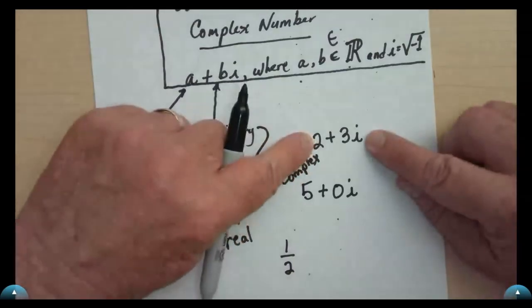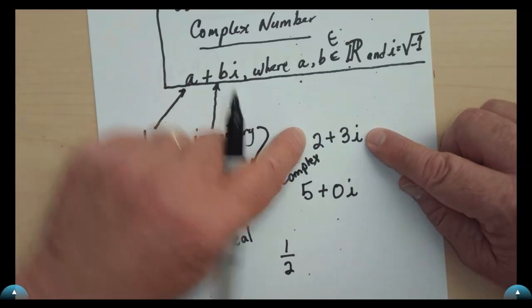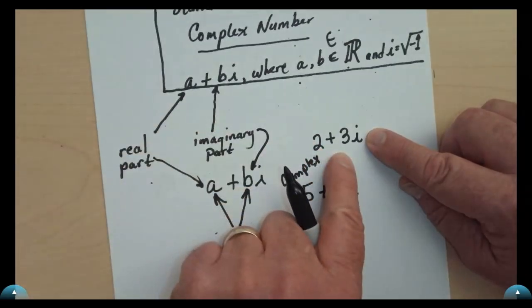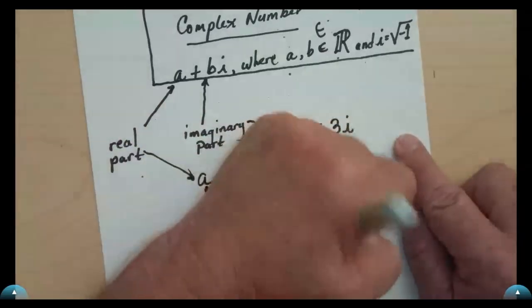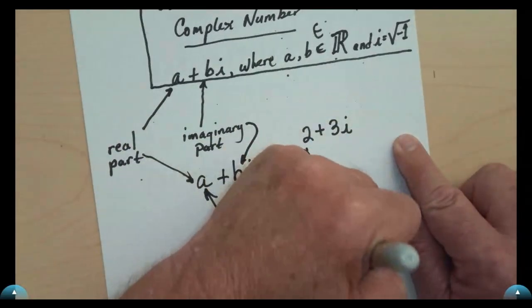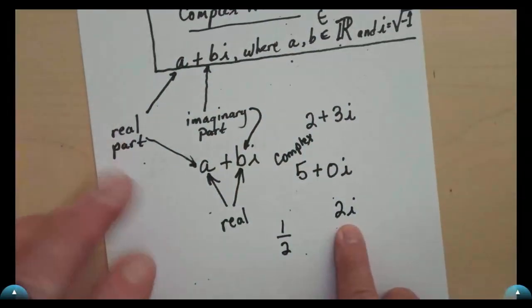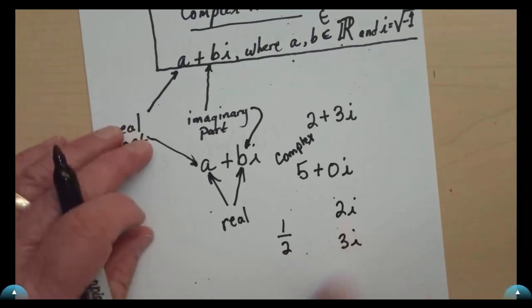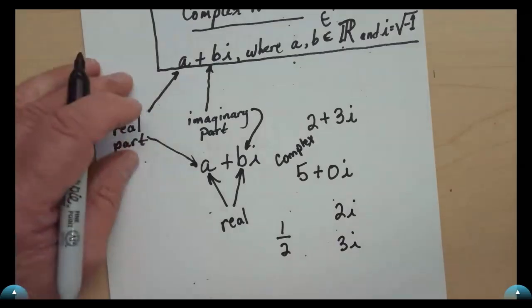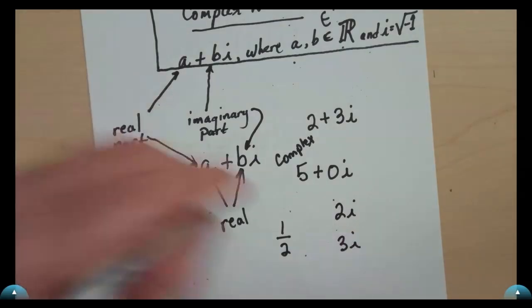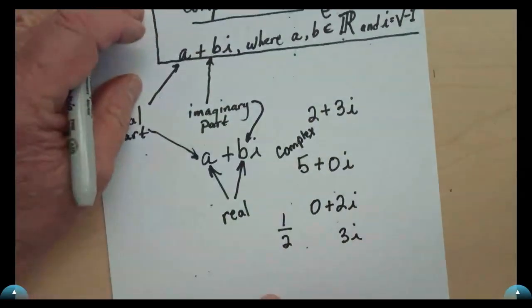Of course, not every complex number is a real number. This one's not real, right? Because it's got a non-zero imaginary part. And then those numbers we've just been looking at, like 2i, 3i, 4i, and so on, these numbers are sometimes called imaginary numbers or pure imaginary numbers. Imaginary numbers also belong to this set of complex numbers because do you agree that 2i is the same as 0 plus 2i, for example?